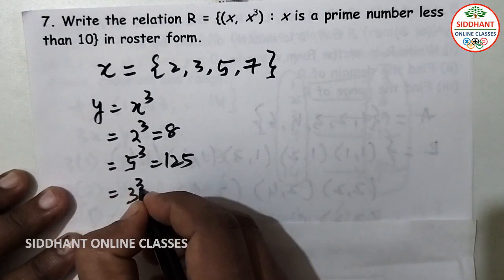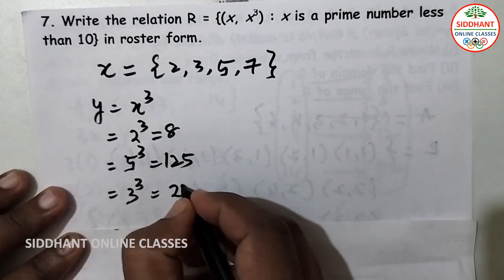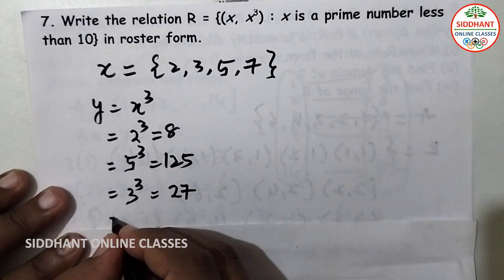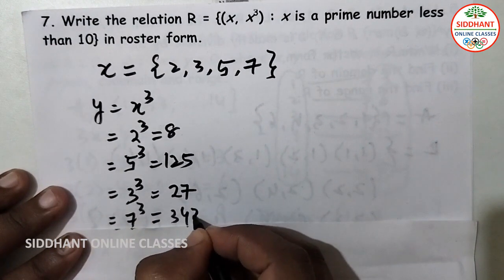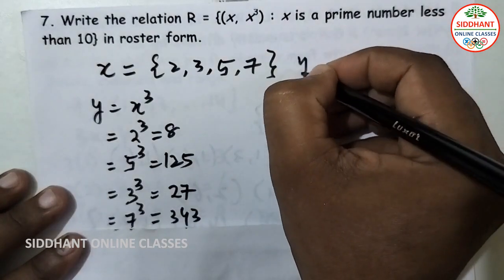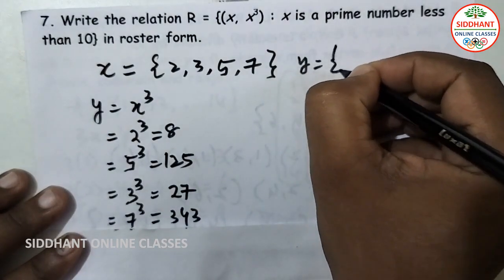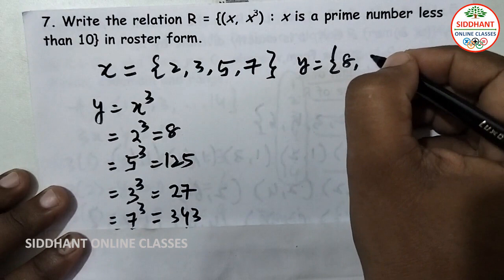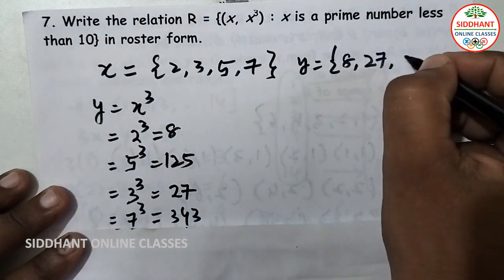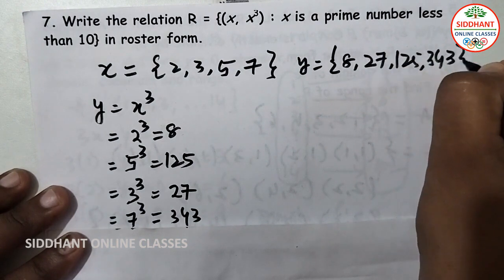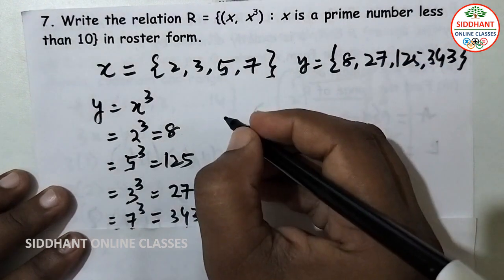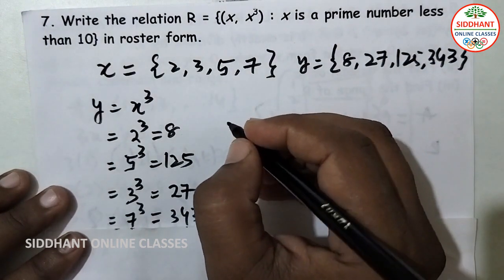Next 3 cube, that will be 27. Next 7 cube, that will be 343 here. So the y elements we are going to see are 8, 27, 125, 343 here.